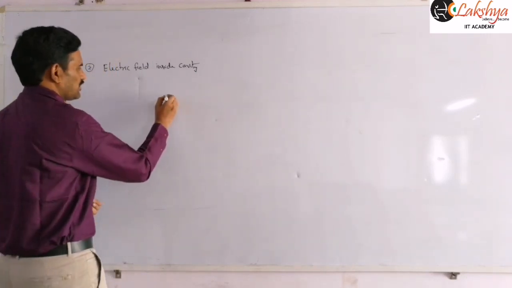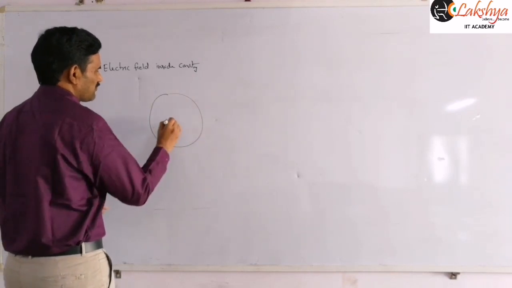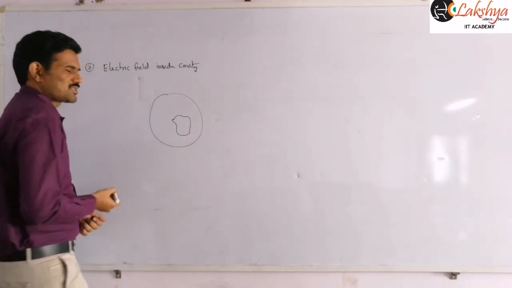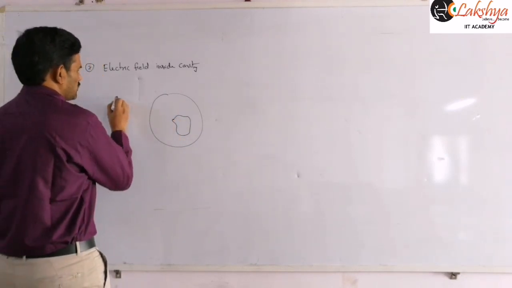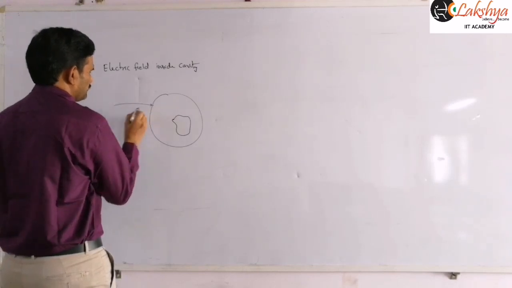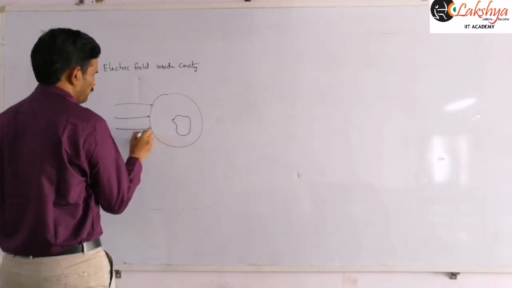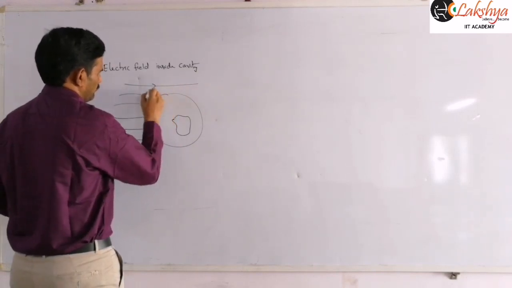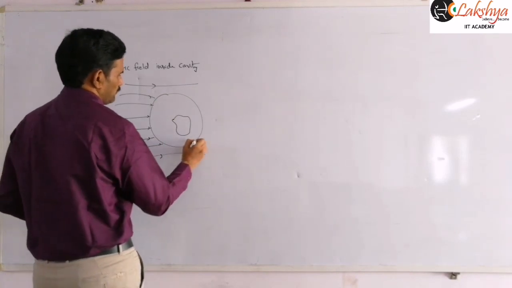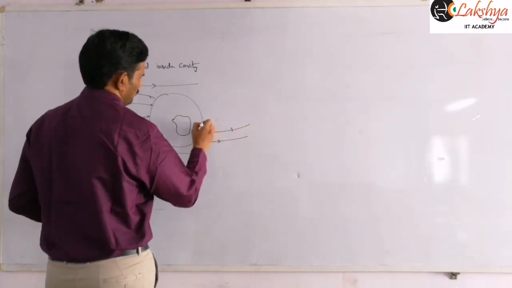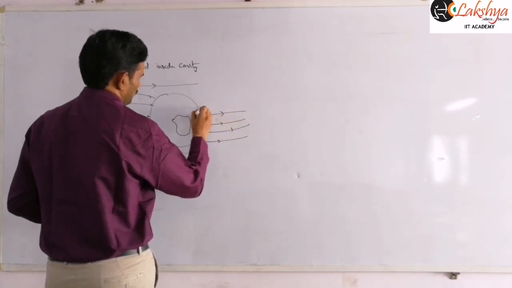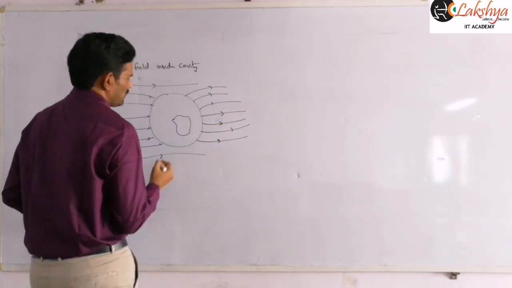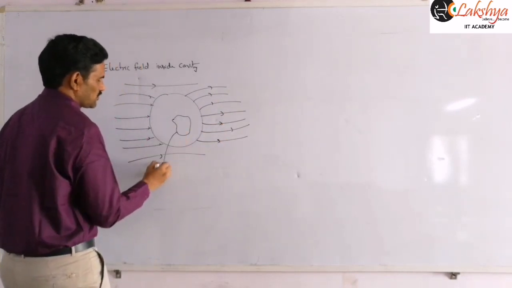So here I am taking a sphere with some cavity, placed in some external field. So some external field is present in that region, and we are placing some material with some cavity here.